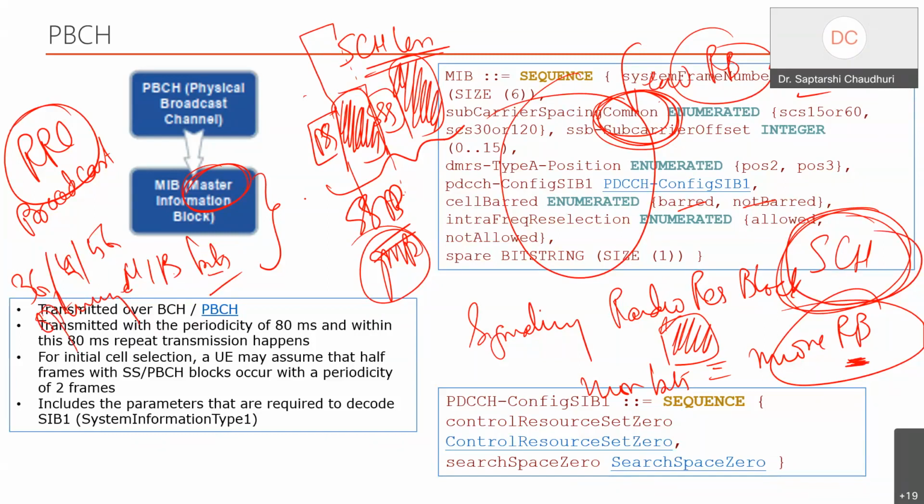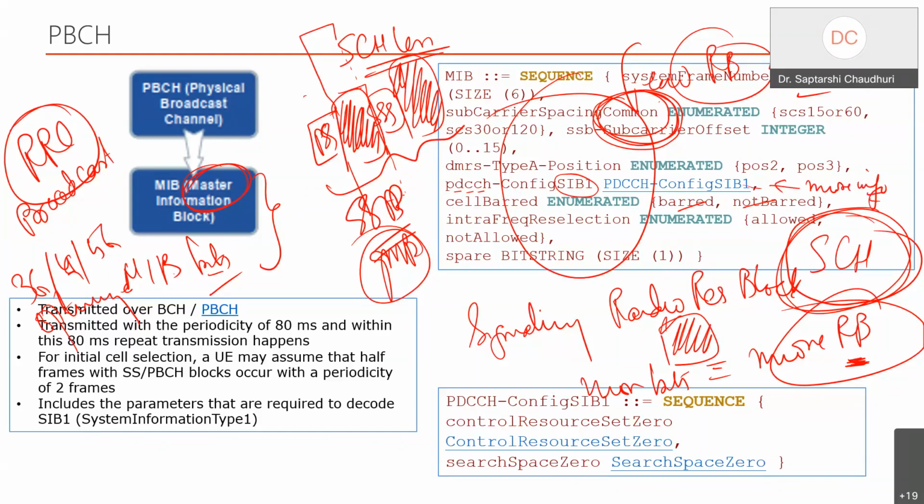And this master block also tells him to please read the SIB, the system information block, which is part of my dedicated common, and you'll get some more information in it.